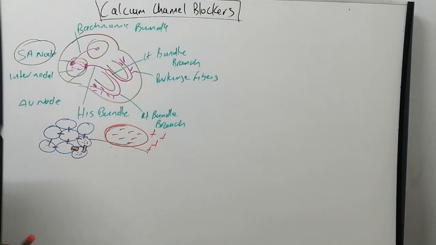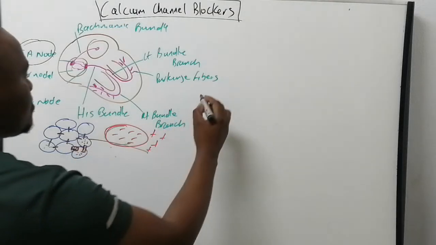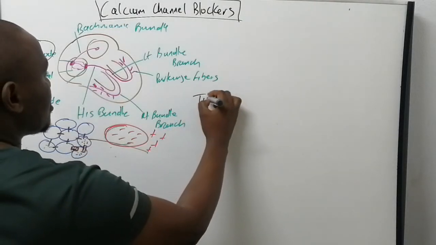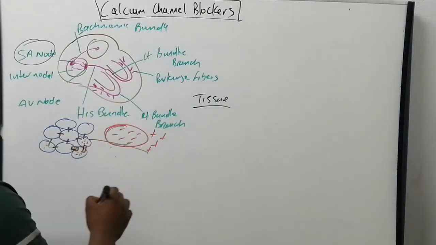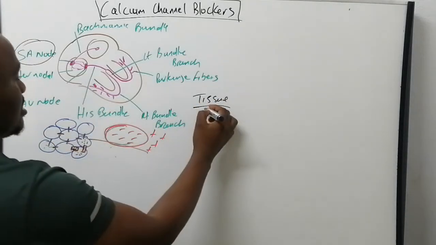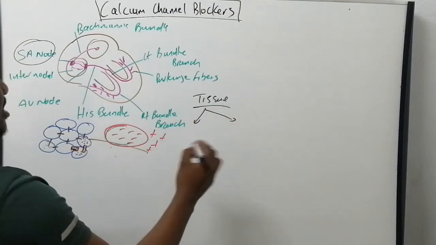These nodal cells, maybe it's important to also mention that when it comes to the tissue, the types of tissue that we find in the heart, there are two types of tissue that we find in the heart.